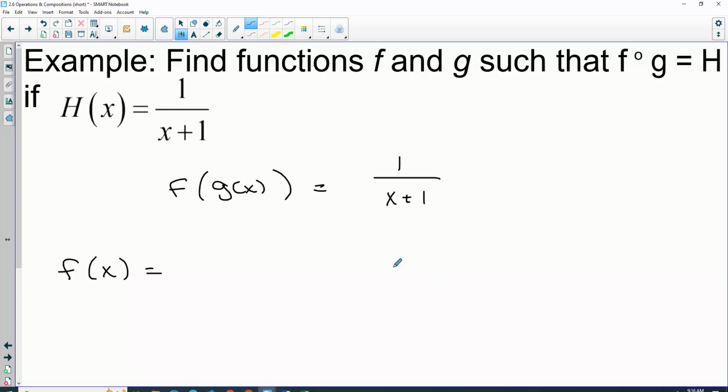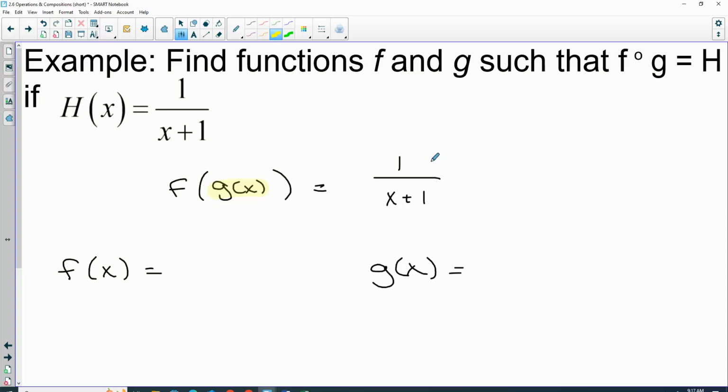I need the original functions. G is the inside. That's the thing you're going to do first. If you plug in a number for x, what are you going to do first? If I said x is 5, what would this turn into?